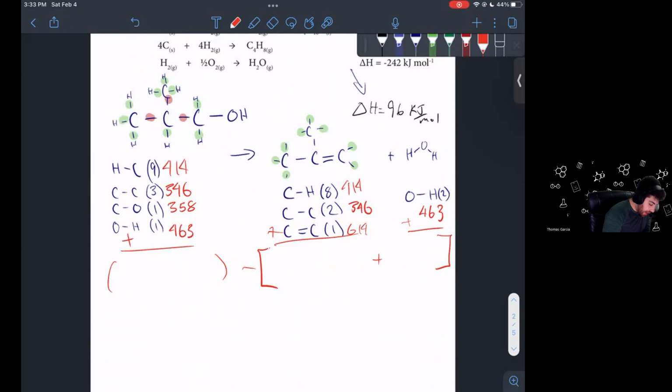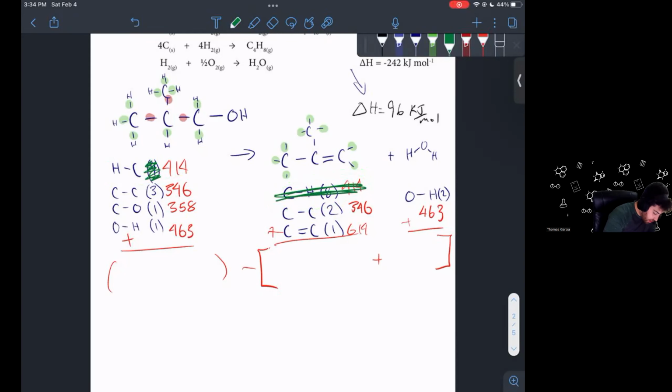I noticed that I have 9 carbon-hydrogen bonds here and 8 carbon-hydrogen bonds here. And if I'm doing simple subtraction, I know that I can pretty much cancel out all 8 of these and all 9 of these. I'm left with 1, because 9 times 414 minus 8 times 414 is just 414.